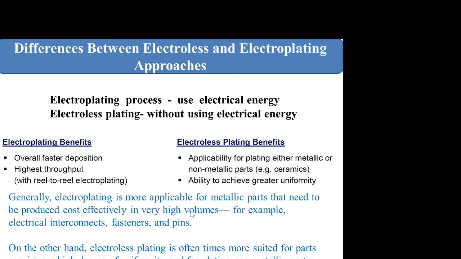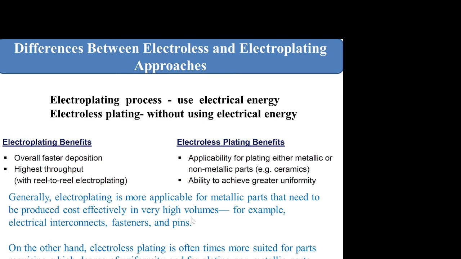Generally, electroplating is more applicable to metallic parts that need to be produced cost effectively in high volume. For example, automobile parts, such as bike handles, are usually iron coated with nickel, and such coating production is required on a larger scale.